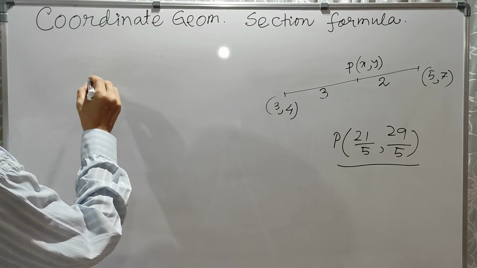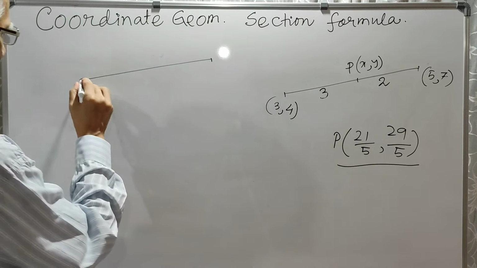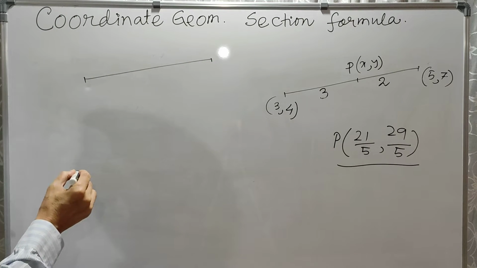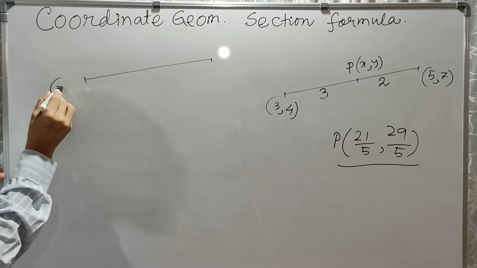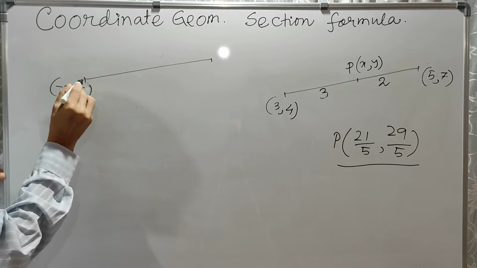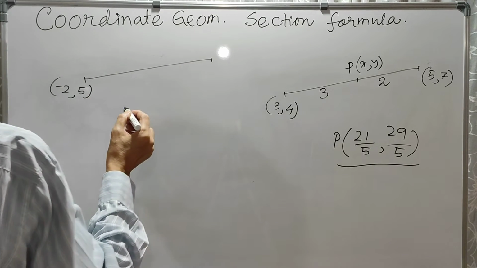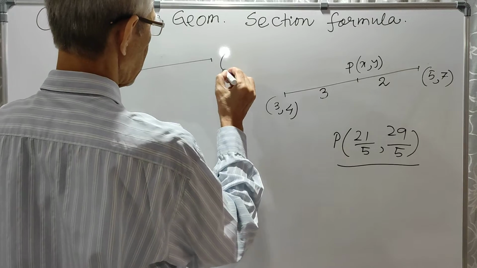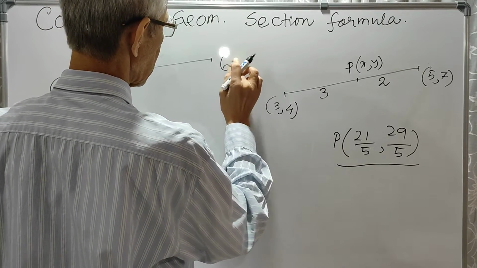So let us see another involving minus sign. For example, suppose this line joins these 2 points, minus 2, 5. So this is minus 2, 5, this point, and that point is 6, minus 1.